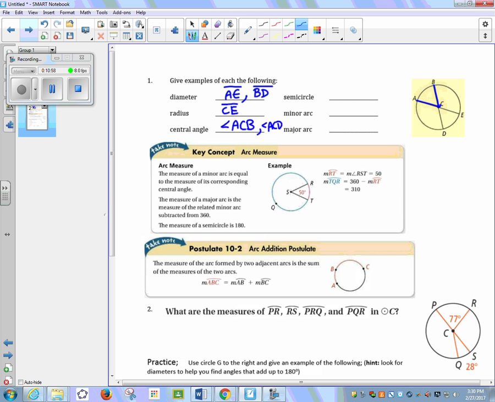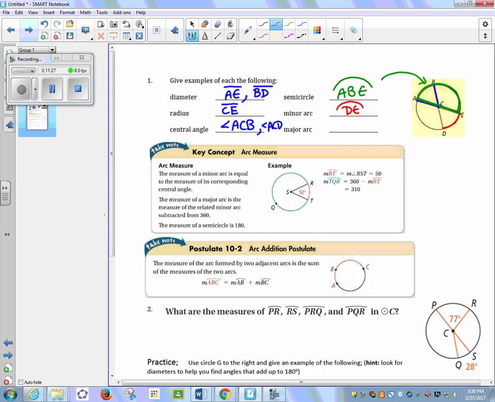There's more there too. A semicircle, remember half a circle. So here's a diameter. AB is a diameter. Half a circle would be the intercepted arc of that diameter. So semicircle ABE is the semicircle that I just highlighted right there. ABE, remember 3 letters. A minor arc would just be going the short distance from one point to another, so maybe DE.